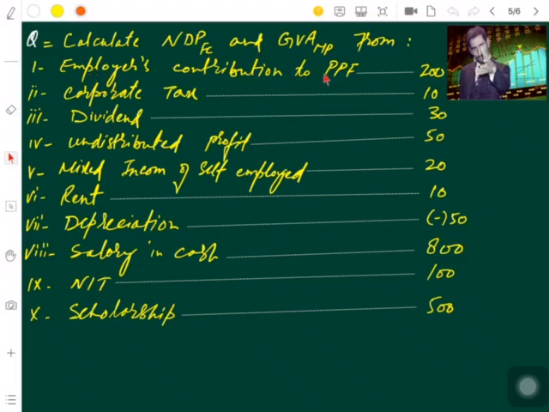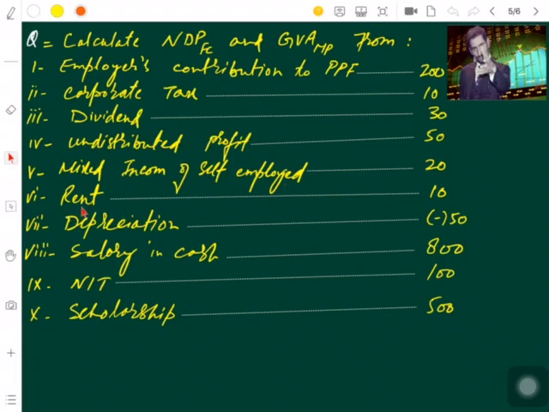PPF stands for Public Provident Fund. It is employer's contribution, that is what an employer is paying to his employee. Corporate tax, dividend, undistributed profit from the operating surpluses, income from entrepreneurship part, mixed income of self-employed, it is a different part of domestic income.